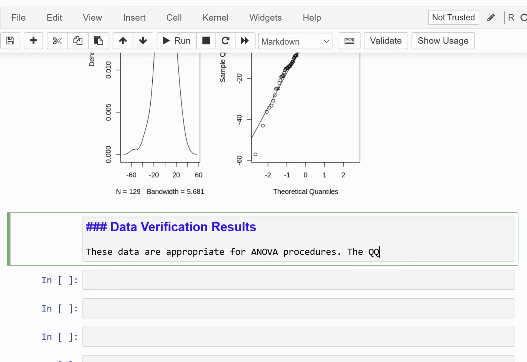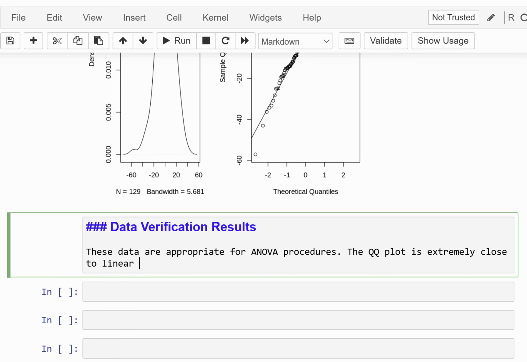The QQ plot is extremely close to linear with only slightly heavy tails, while the density plot shows normality. Okay, so they are appropriate.